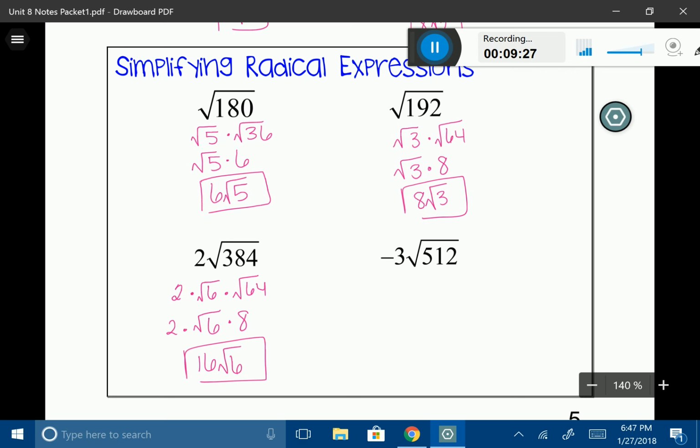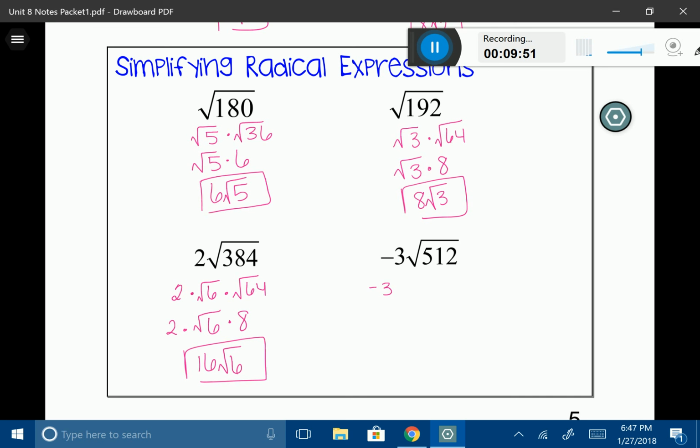Okay, same thing with my negative here. I'm just going to bring my negative 3 straight down, and I'm going to figure out what my factors are for 512. And again, I'm trying to find nice perfect square values. And again, I have 64, I notice. And I might have another one that's higher. Yes, 256.